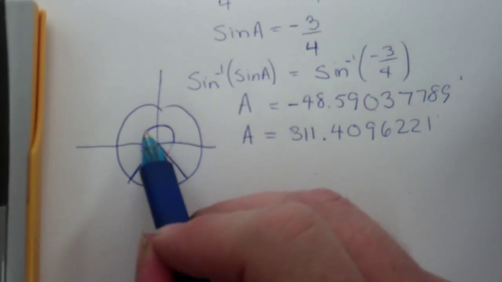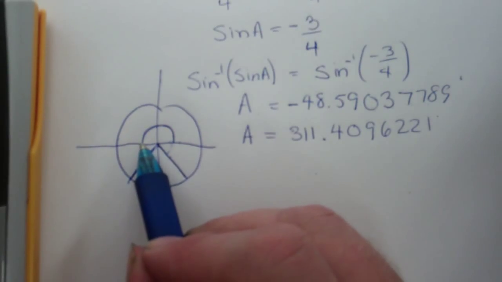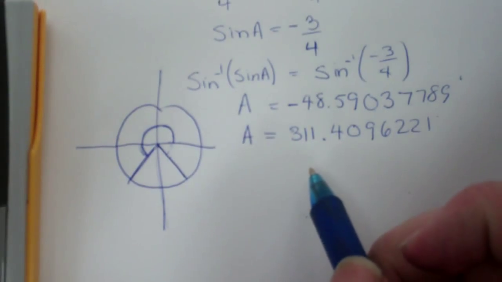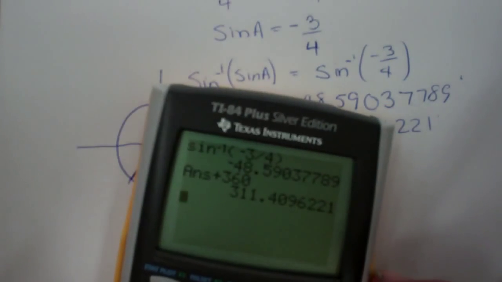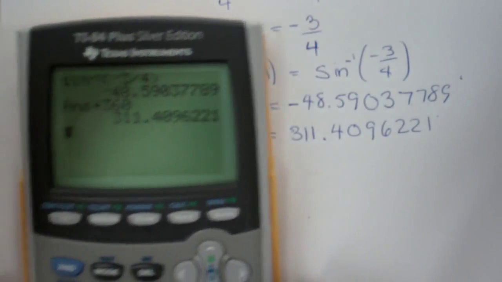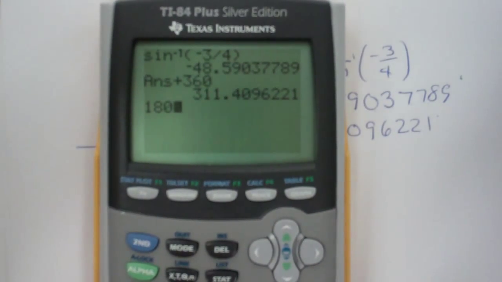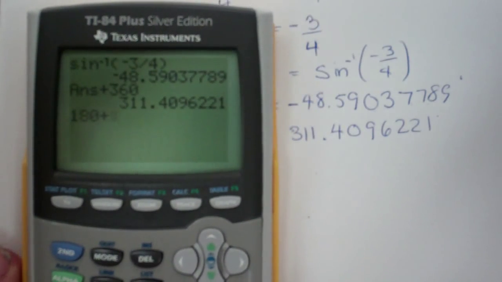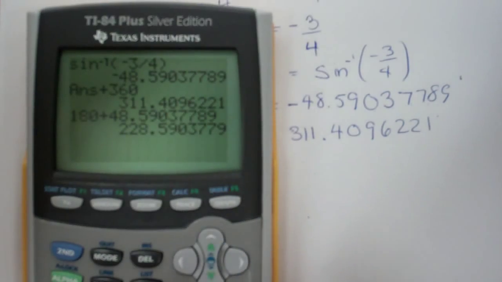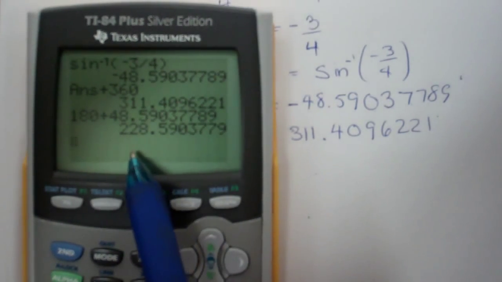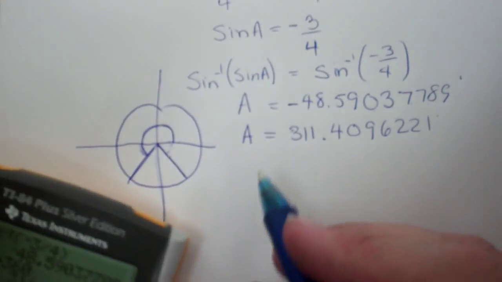But from there to there is 180 degrees, so we'll just add 180 plus this here, and so we'll end up with, let's see what that gives us. We're looking at 180 plus 48.59037789, and that gives us 228.59037779. Right there.